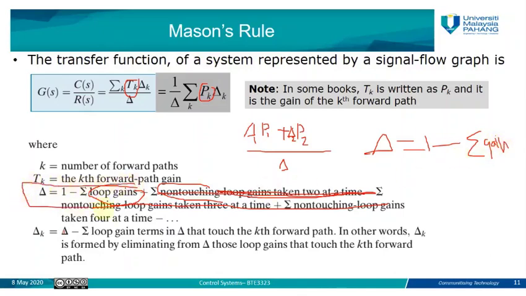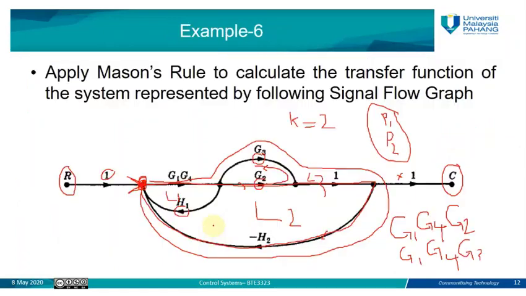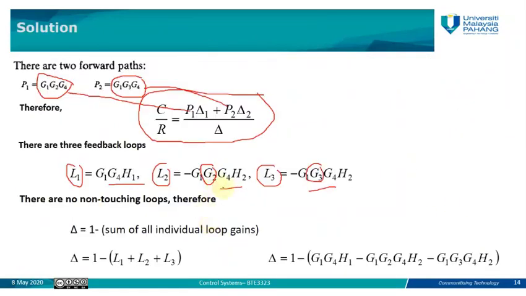So for our example, delta equals 1 minus the summation of individual loop gains only, as there is no non-touching loop. Then you substitute L1, L2, L3 by their gains, which are G1, G4, H1, negative G1, G2, H2, and so on.